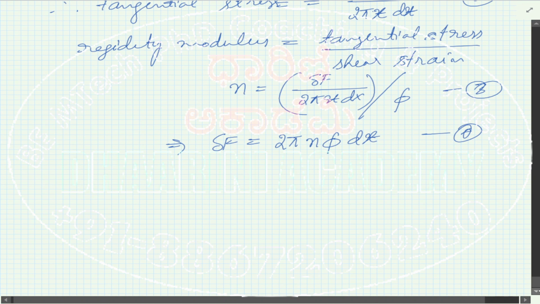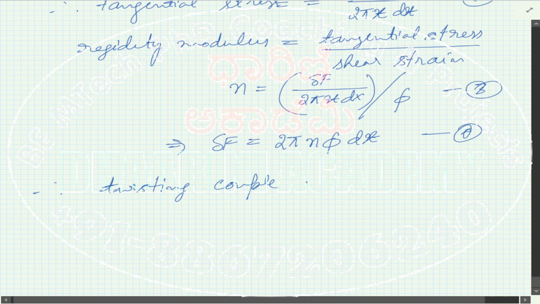Now using this force I can calculate the couple. The twisting happens because of two forces together called a couple.